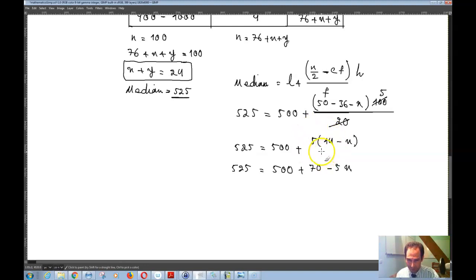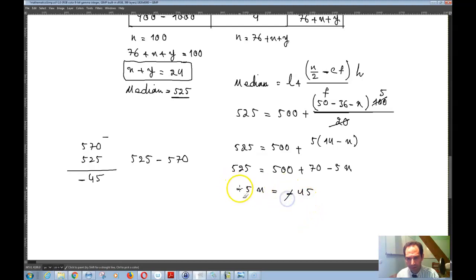So this is 570 minus 5x. So negative 5x is equal to 525 minus 570. That is 570 minus 525 with a negative sign, which is negative 45.